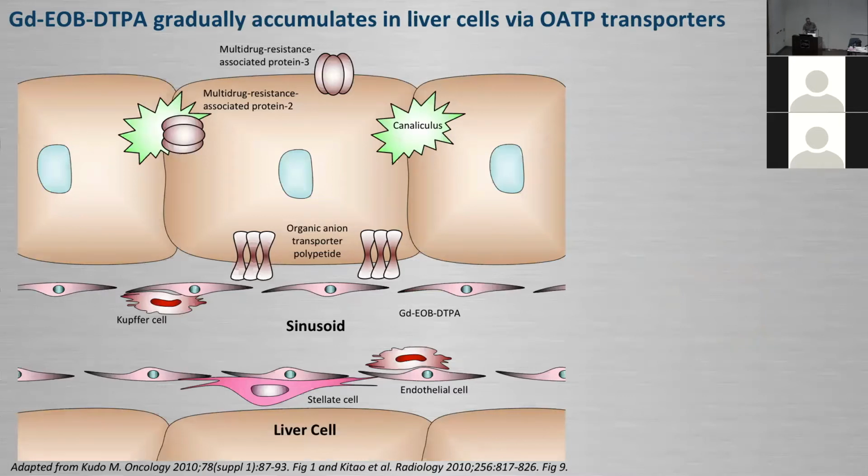Notice that hepatocytes have other transporters, including the multi-drug resistance associated protein 2, which excretes things into the bile duct canaliculus, as well as another exporter known as multi-drug resistance associated protein 3, which spits things out back into the sinusoidal space.